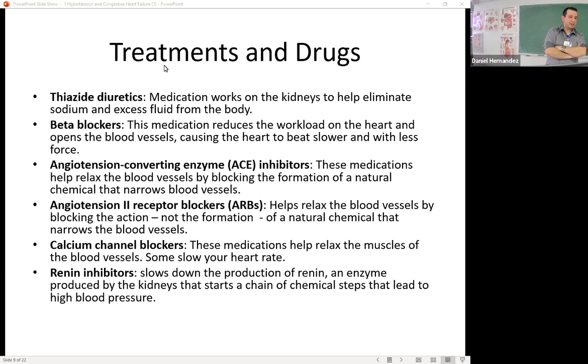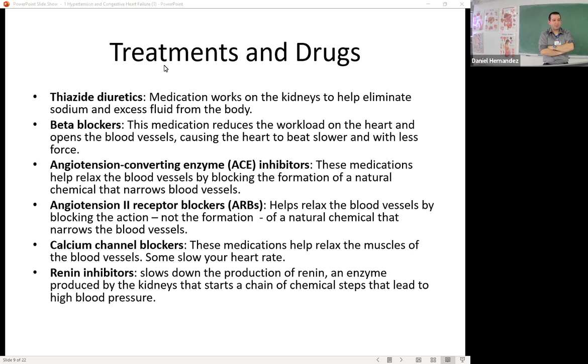These medications help to relax the blood vessels by blocking the formation of a natural chemical that narrows the vessels. So this is considered a vasodilator. We can have angiotensin II receptor blockers. These help relax blood vessels by blocking the action, and not the formation, of a natural chemical that narrows the blood vessels. Just another medication that helps with preventing vessel constriction.